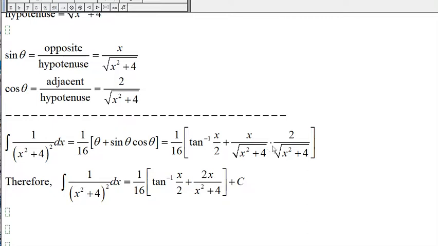Cosine of theta is 2 over the square root of x squared plus 4. So we have these two right here. x times 2 is 2x. The square root of x squared plus 4 times the square root of x squared plus 4 is x squared plus 4. So this is the answer.